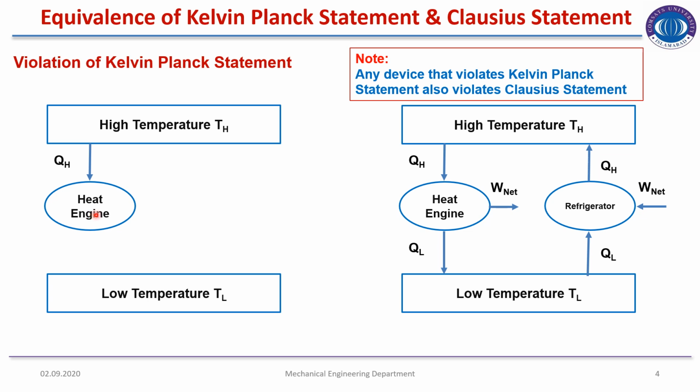The heat engine will receive QH amount of heat from the high thermal energy reservoir and reject QL amount of heat into the low thermal energy reservoir, and correspondingly W net amount of work will be produced through the heat engine.